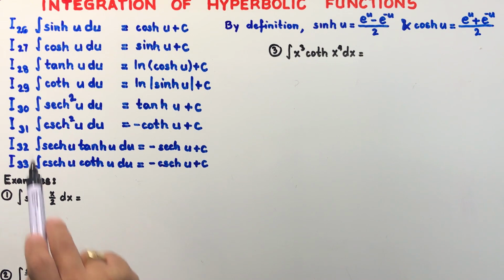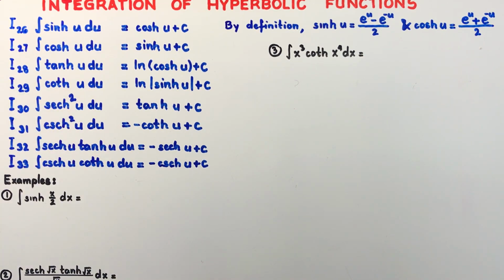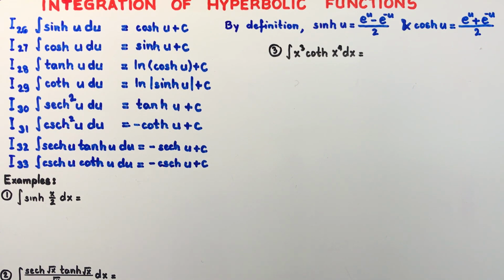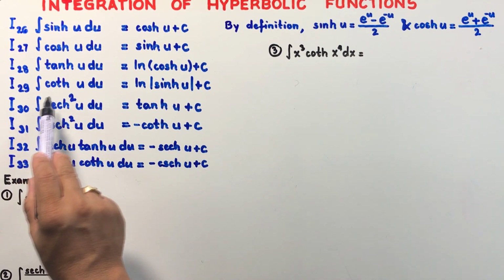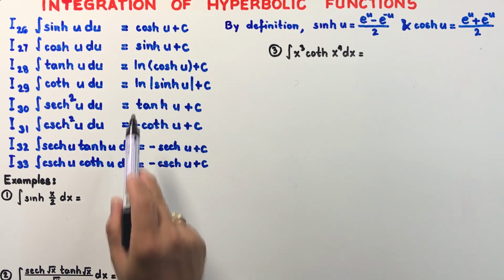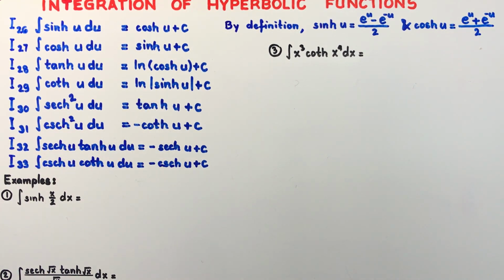And then, formula 28 is the integral of the hyperbolic tangent of u du, which is equal to the natural log of the hyperbolic cosine of u plus the constant of integration c. Also, the integral of the hyperbolic cotangent of u du is equal to the natural log of the absolute value of the hyperbolic sine of u plus the constant of integration c.